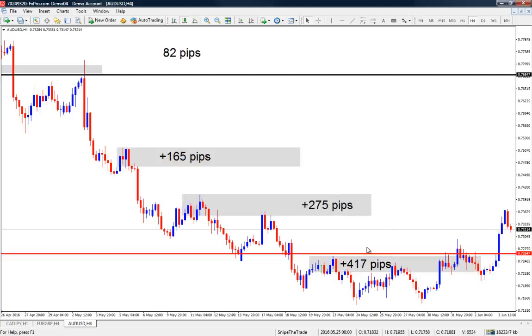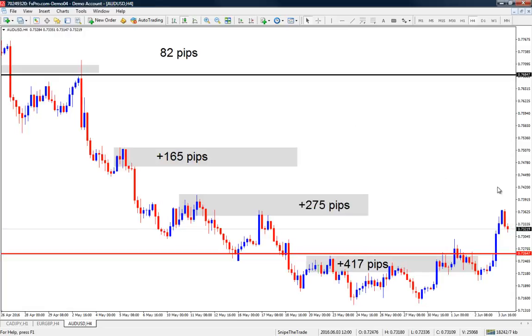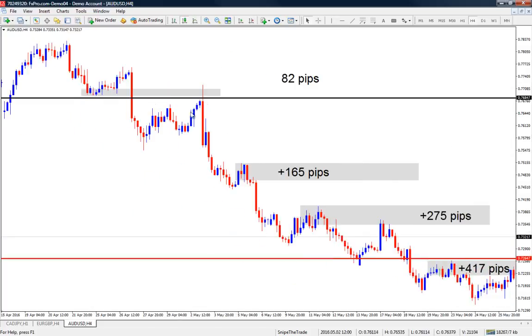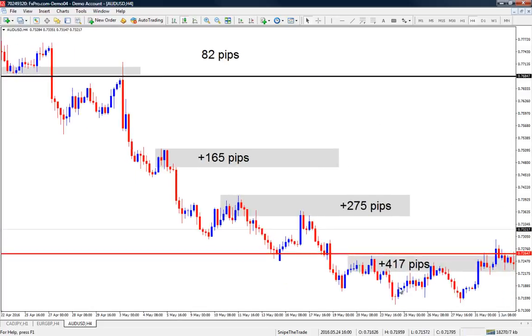And as you can see, price tests this area again, retraces, and then stops us out before completely breaking and absorbing this supply. Now the supply might actually be retested as demand, and we can look for maybe a long opportunity on the Aussie US dollar. But instead of just locking in 100 pips, we locked in 417 pips using supply zones to trail our stops.